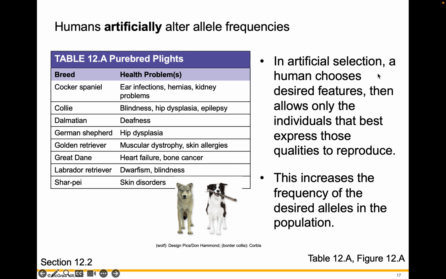So in artificial selection, a human chooses desired features and then only allows the individuals that best express those qualities to reproduce. This increases the frequency of desired alleles in a population. And as you can see, it also increases alleles for undesirable traits in populations sometimes too.